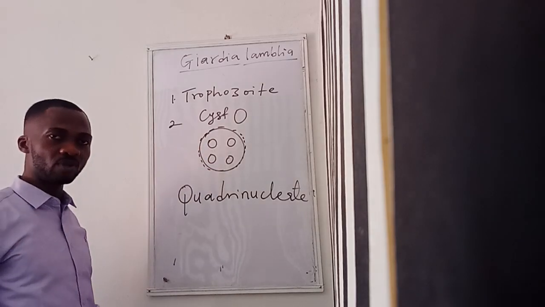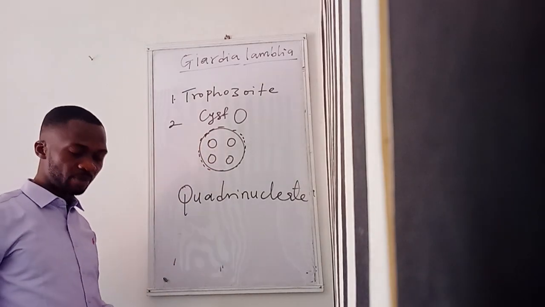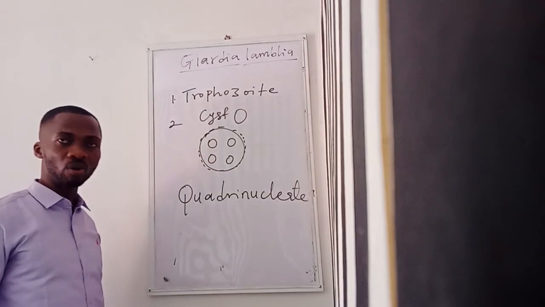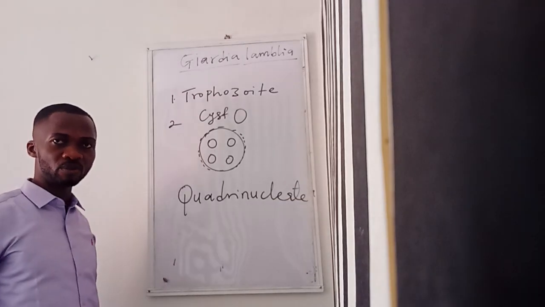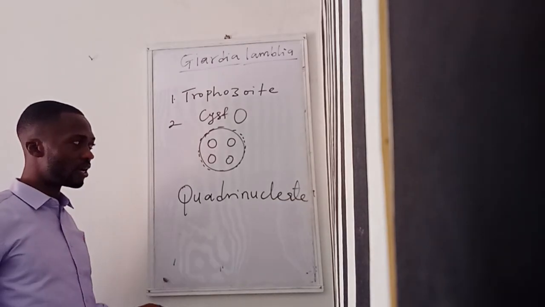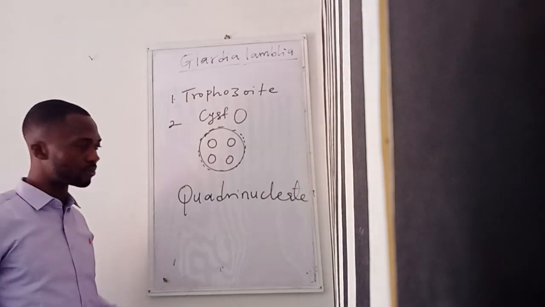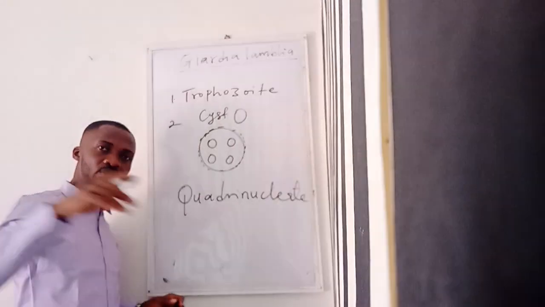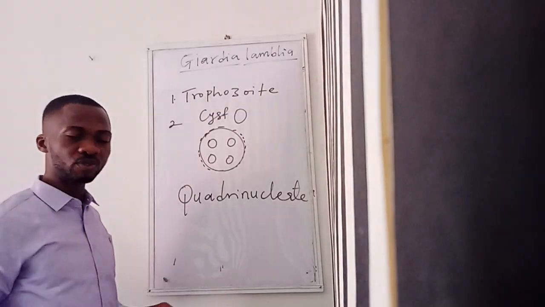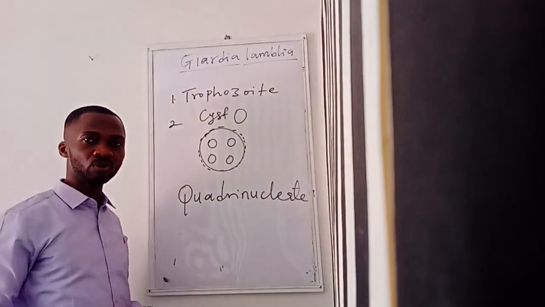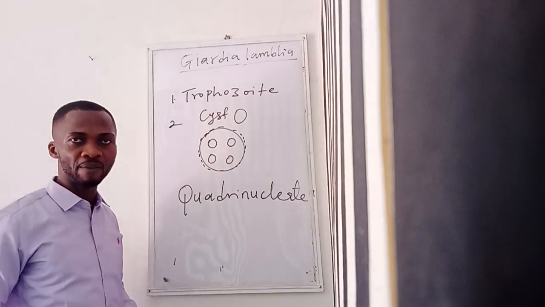These four nuclei are obtained when the parasite is moving towards the colon within the ileum of the small intestine, where encystation occurs. Before encystation occurs, the two nuclei of the trophozoite will undergo division to form four nuclei.